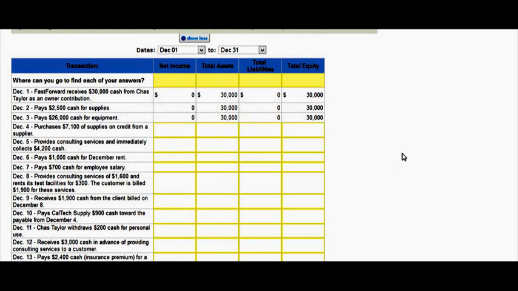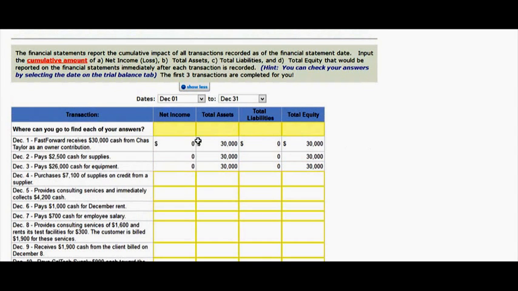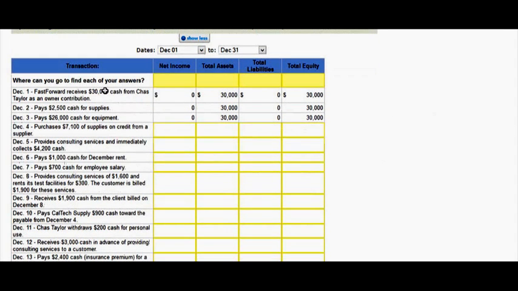And this one, I'm not terribly concerned that you actually do these. It asks you what would be the effect of each transaction on the financial statements. Where can you go to find each of your answers? On December 1st, Fast Forward received cash. That doesn't affect your income.